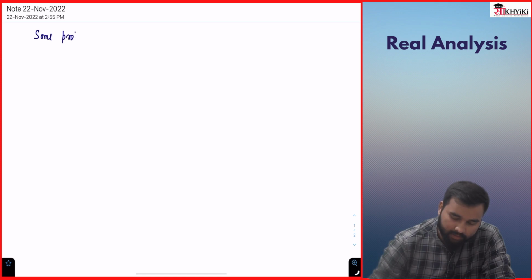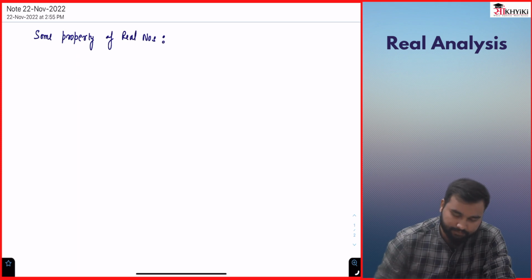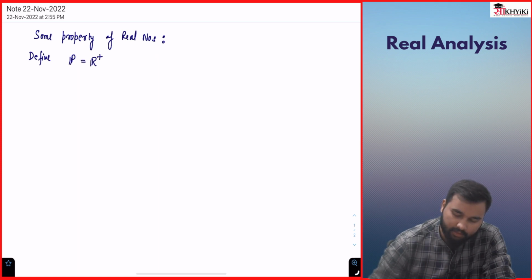Some properties of real numbers. Define the set P or R plus, which is the positive real numbers: all those real numbers x belonging to R such that x is greater than 0.